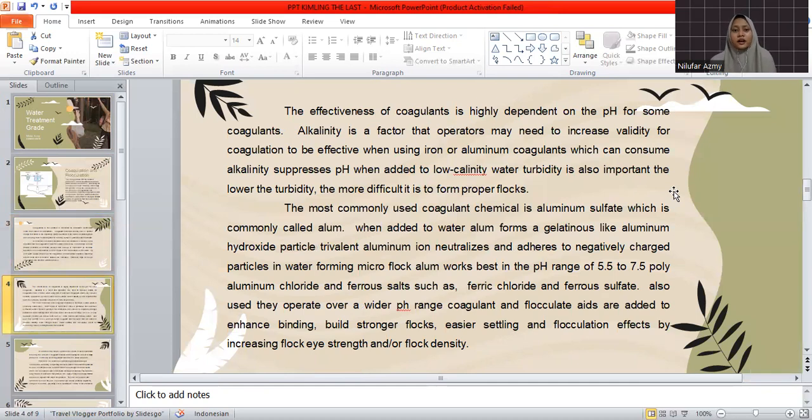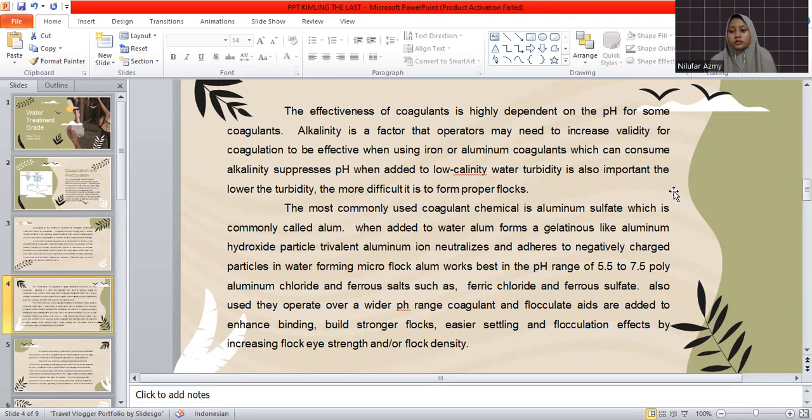And then, the effectiveness of coagulants is highly dependent on the pH for some coagulants. Alkalinity is a factor; the operator might need to increase alkalinity for coagulation to be effective, when using iron or aluminum coagulants, which can consume alkalinity and suppress pH when added to low alkalinity water.